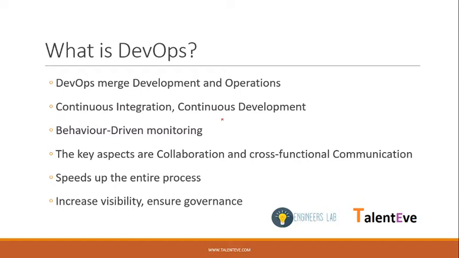If you see these two terms, collaboration and cross-functional communication, you can clearly say that if you want to communicate between so many people, you can assume the tools that can be used in the background to bring all of them together. So here the automation tools play a major role, and DevOps definitely speeds up the entire process, as we have been saying. And the major advantage is that you increase the visibility.